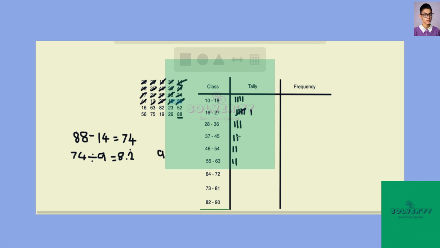I don't know what it will be like for you guys, but it tends to be the inclusive ones that catch me out. When you have a number that's right on the edge of one of your classes, like that one.